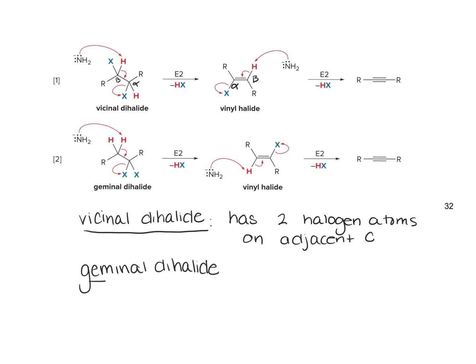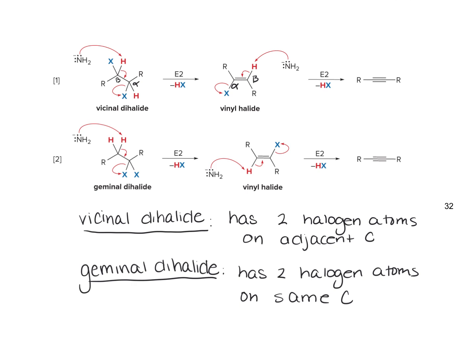And a geminal dihalide just has two halogen atoms on the same carbon, right? So what do I mean by that? We have one carbon here, and we have the two hydrogens, and then we have this carbon here, and they have the two halogens.